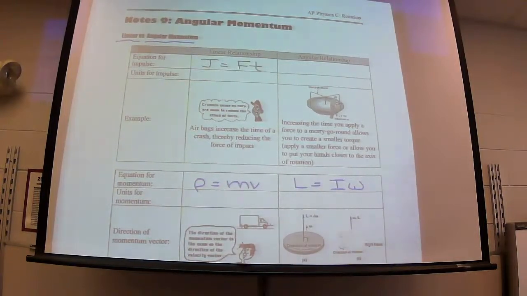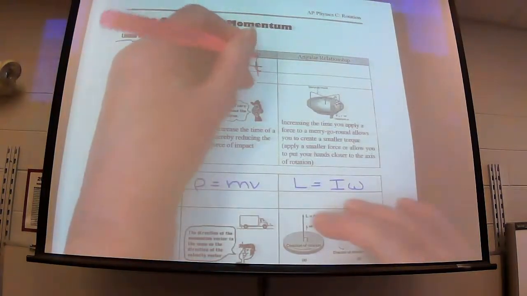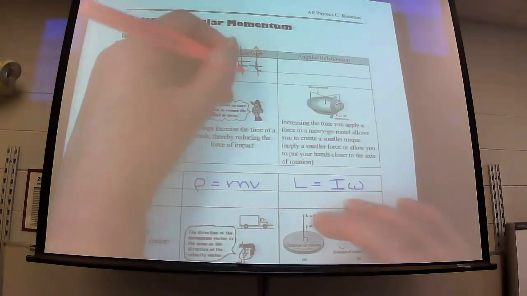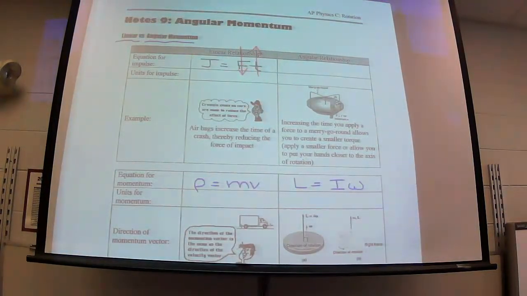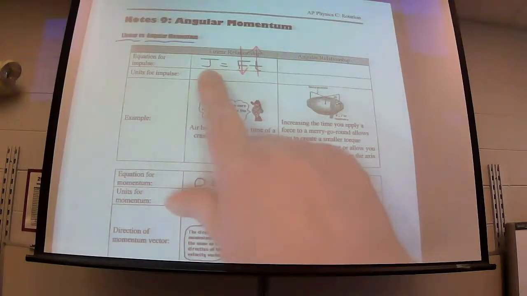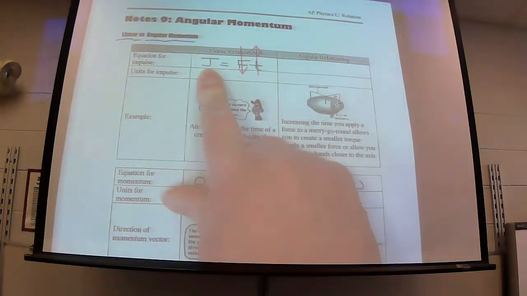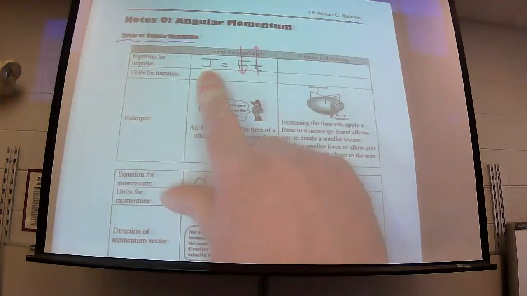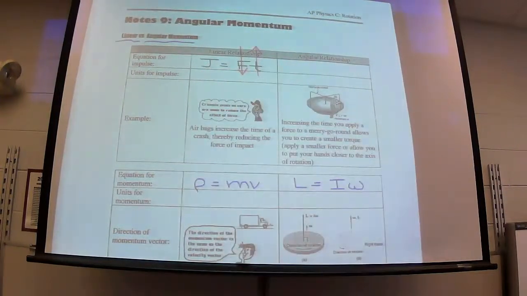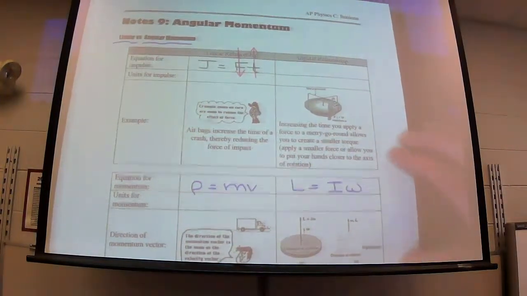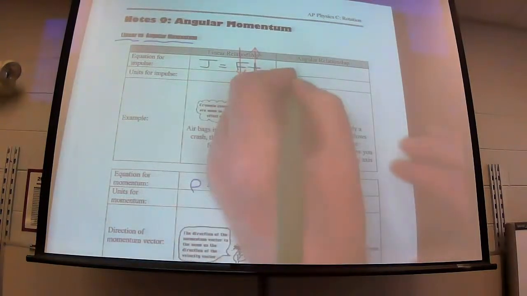So if you increase the t, you can decrease the force that acts on the person. The crash can be the same, but you can affect the force by increasing the time.